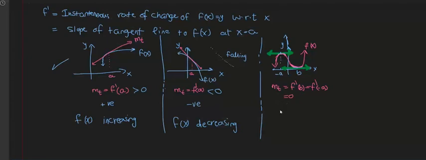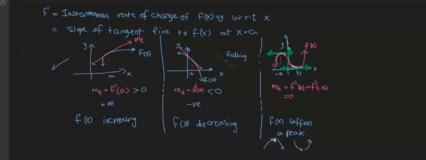And if this is 0, we can conclude that the f of x has what? It means that f of x has a peak, whether maximum or minimum. So they say that f of x suffers a peak, or a change in the behavior, whether it was increasing followed by decrease, or it was decreasing followed by increase.